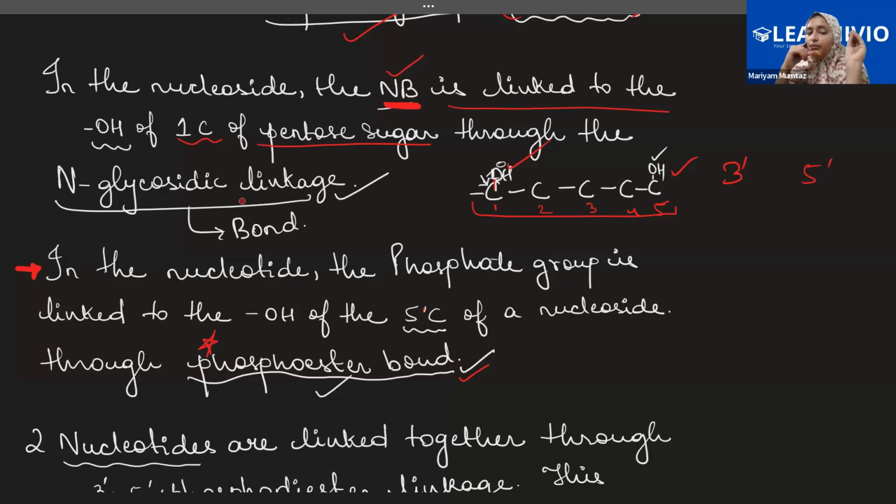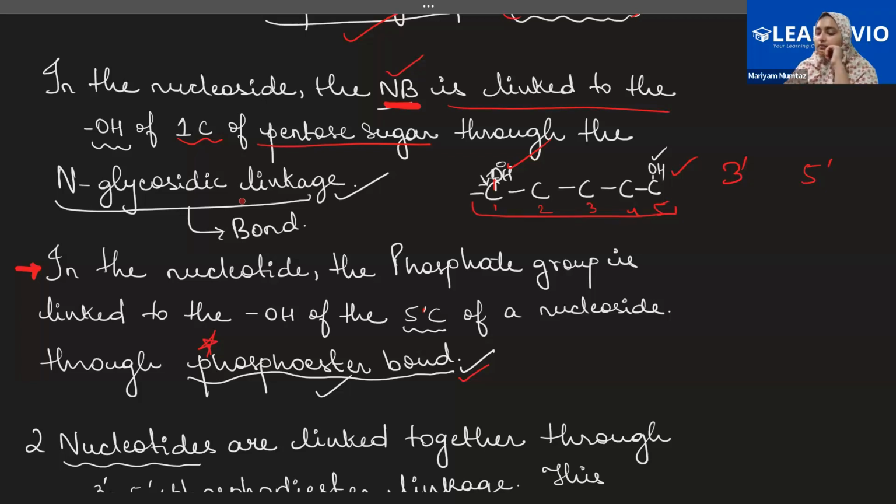Now, who can tell me where the N-glycosidic linkage bond happens? Where is this bond created? It's right there on your screen, students.